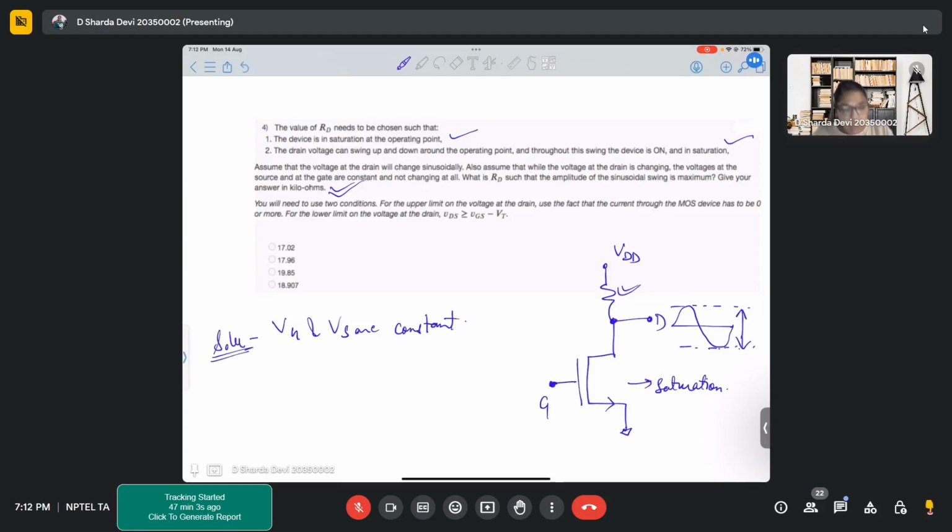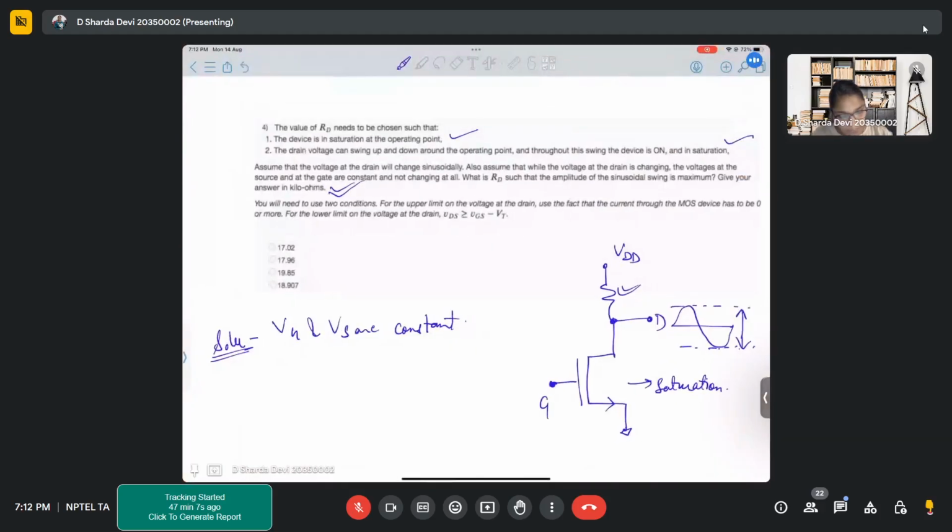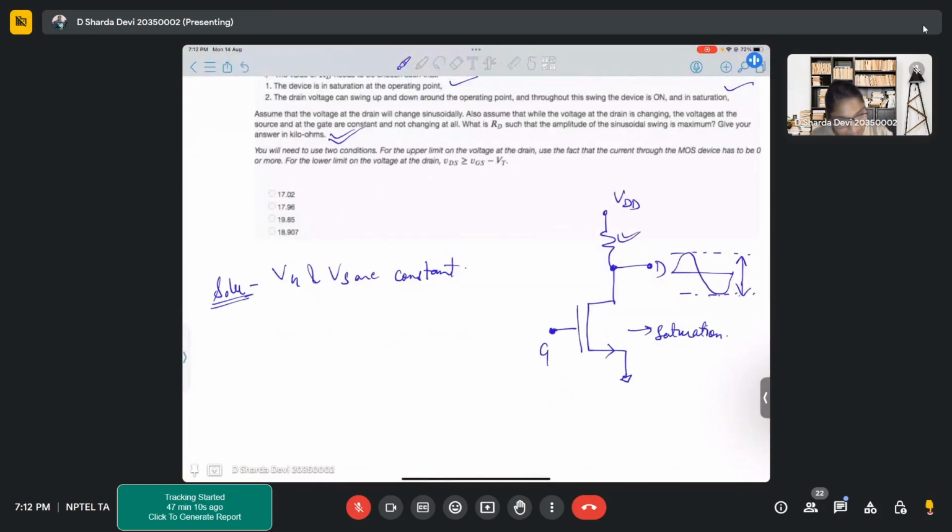So let's say, how do you find your swing? So for example, if your output is biased, drain is biased at X, so this DC level is at X. So what can be the maximum value that your drain node can attain, and what is the minimum value that your drain node can attain? Depending on that, this difference will give you the swing.